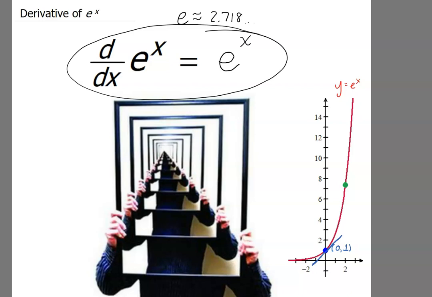This green point has an x-coordinate of 2, so its y-coordinate is e squared. And what the rule I've circled tells us is that the y value is e squared, and the slope of the tangent line is also e squared. This is the only function that has that property. And e, this seemingly random number, has tons of cool properties. This is one of them.